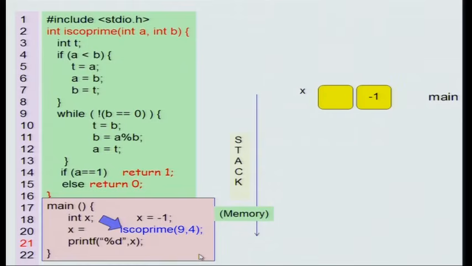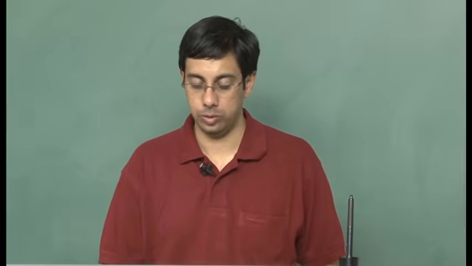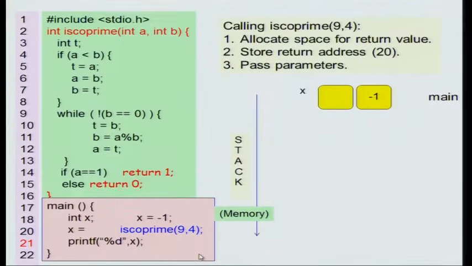When you start the program, you start executing from line 1 of main. So x is initialized to -1, and then you come to the function call isCoPrime(9,4). When you execute this, you allocate the space for the return value, you pass the parameters, then execute the function, and finally pass back the return value.